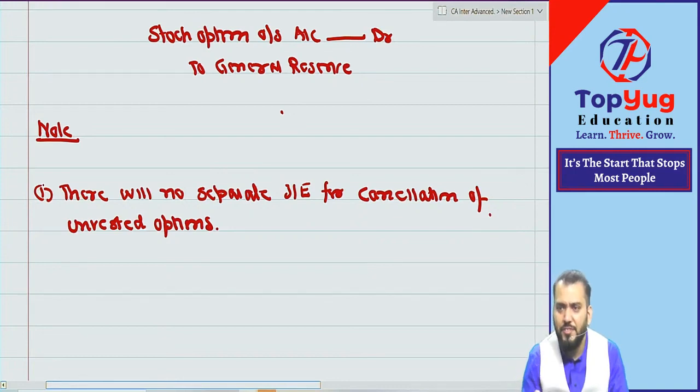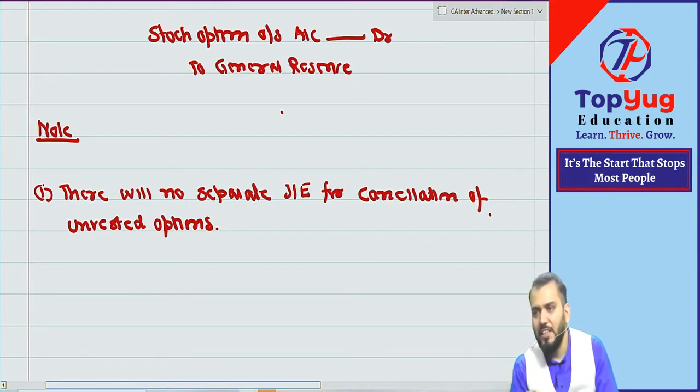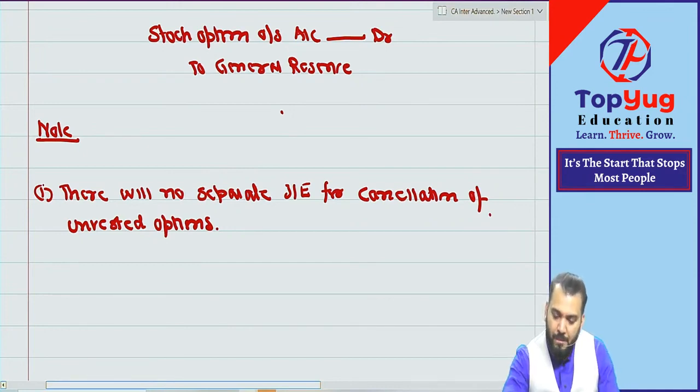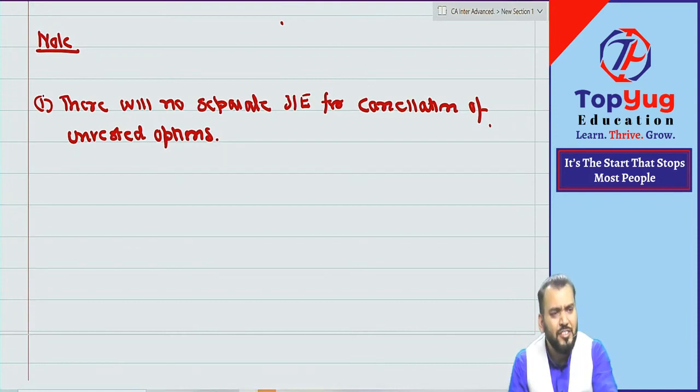Have you understood this sentence? First, have you understood this sentence? English you have understood. Logic have you understood? Tell me. We have recognized expense of vested option. Correct.